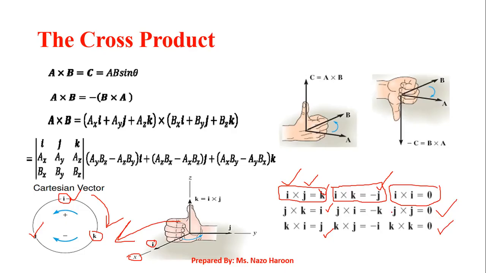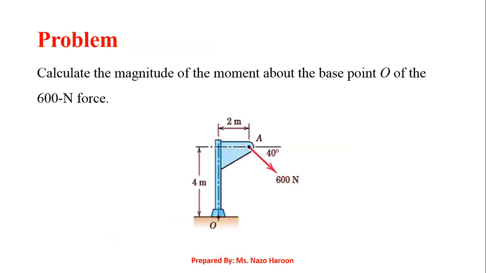So in case of cross product, the cross product between any of the same axes, or any of the parallel axes, will always give you 0. So it's a must-have condition that they both should be different. For example, i cross j or j cross i, or k cross i or j cross k, or something like this. So this is something that you need to be very careful about while solving the numerical problems.